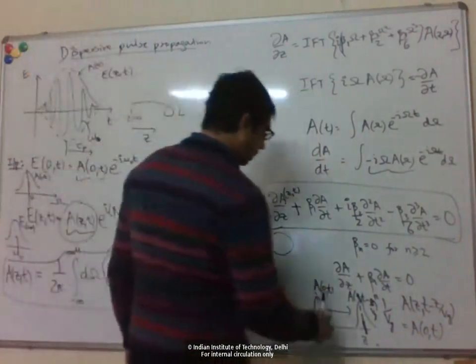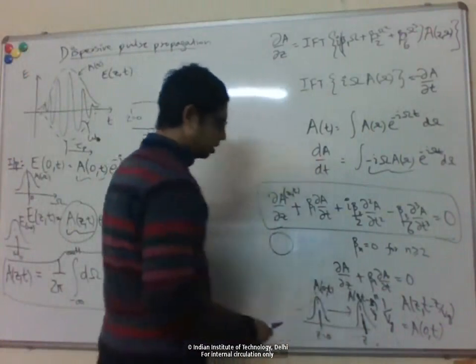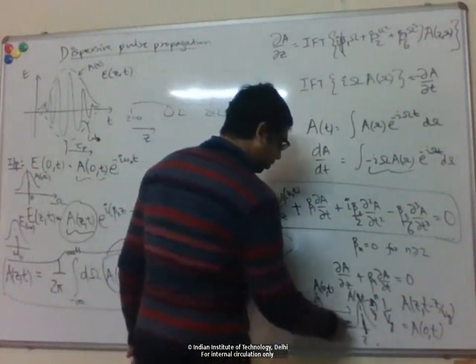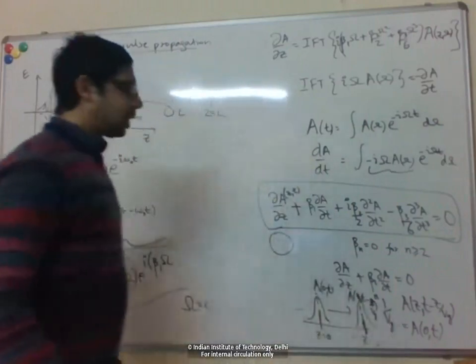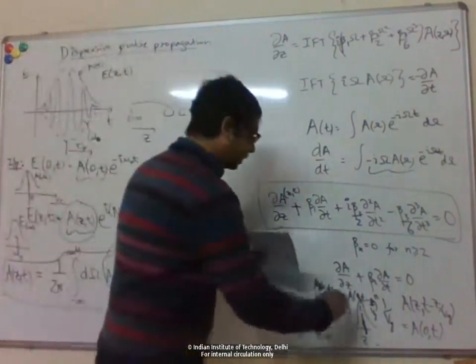Or in other words, if I move to a frame which is moving with the pulse, so I'm sitting in a frame which is also moving at Vg, then I don't see the pulse moving. What I see are just the changes in the shape.